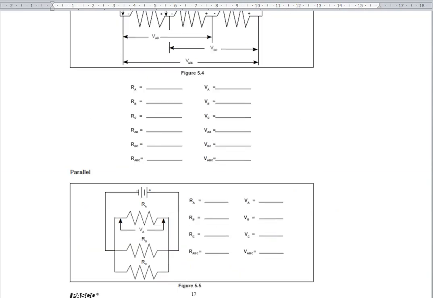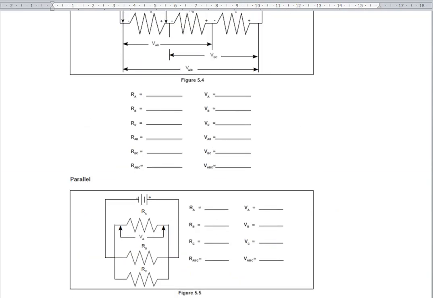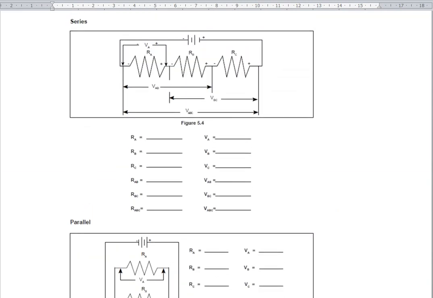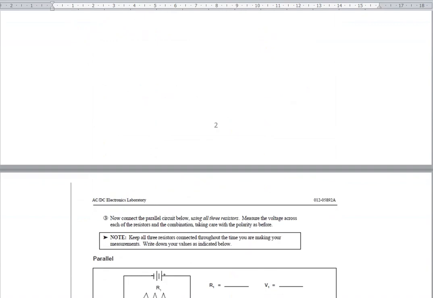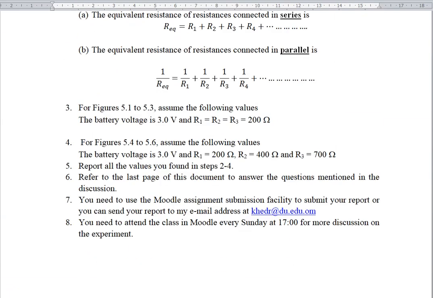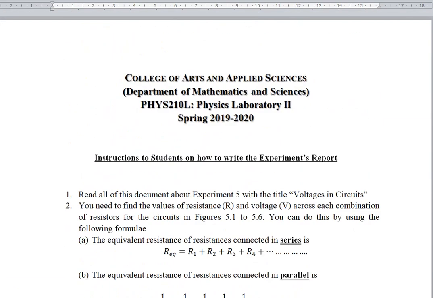Now for figure 5.4, we have to use different values for R1, R2, and R3. We call them RA, RB, and RC now. So for RA, the values given here in the first page, you just need to change these.